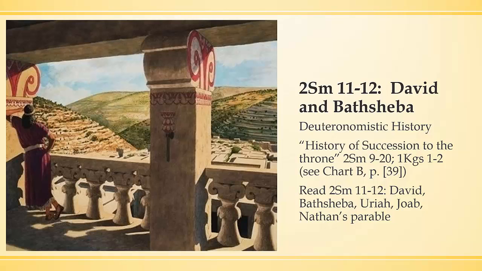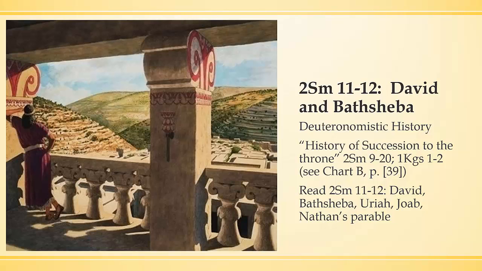And we think that this history, these chapters, go back to the time of King Solomon, when many of the people mentioned in these passages are still living or had just died. So it is written during the time of Solomon, who was the son of David, and it's about David and the succession to his throne.